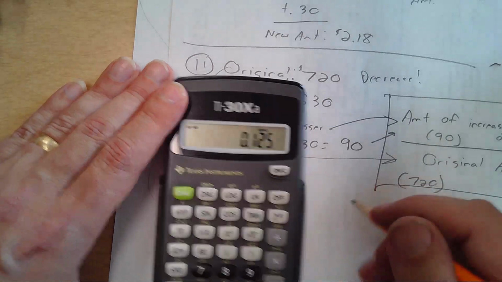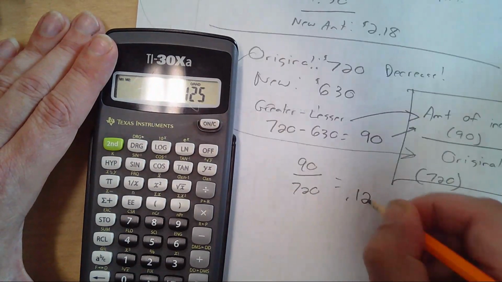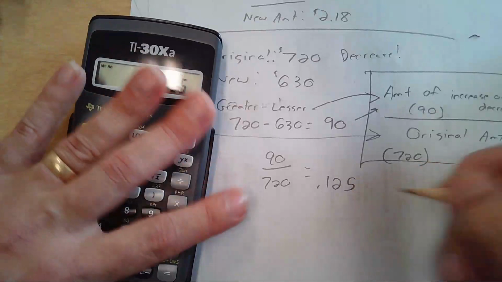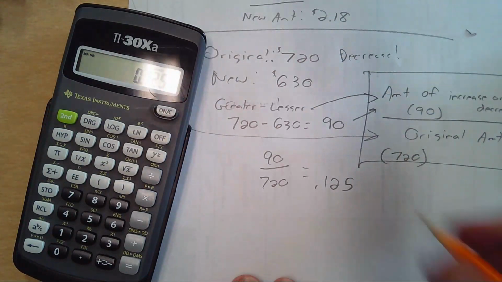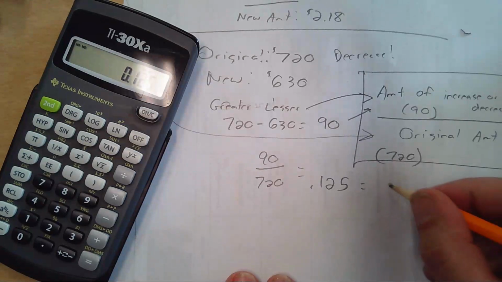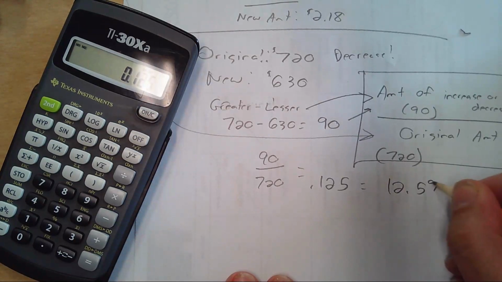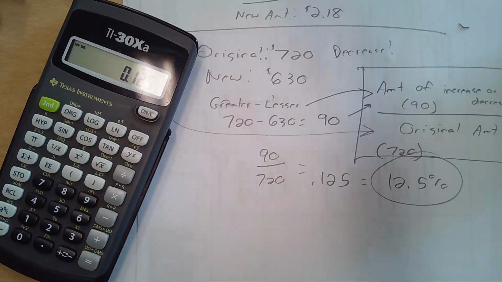I get 0.125. Of course, that's a decimal. Turn it into a percent. Slide that decimal 2 spots to the right. We're talking a 12.5% decrease. If I was at $720, I came down to $630. That is a $90 discount. That is a 12.5% discount.